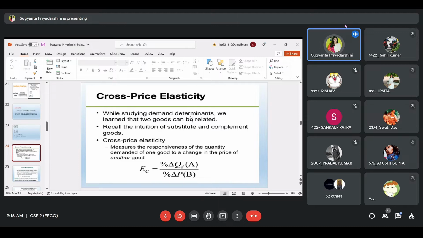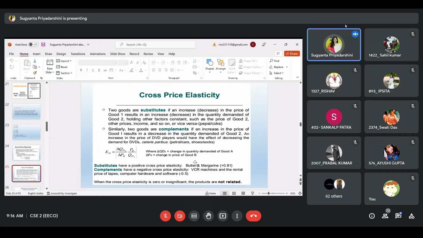And to what extent the demand for tea will change, we will figure out by using this formula. This formula is exactly similar to your price elasticity formula. The only difference is under price elasticity we were considering one commodity, and under this formula we are considering two commodities, A and B.